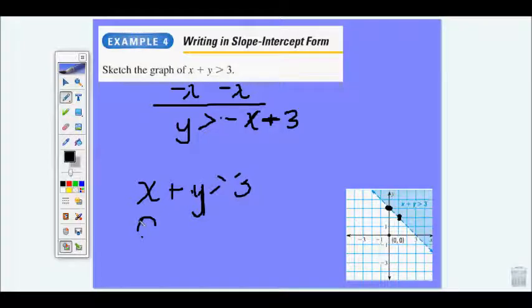So is 0, like what I was doing in the first example, is 0 plus 0 greater than 3? Now 0 plus 0 is still 0, and that is not greater than 3. So my origin, or my 0, 0 point, will not be part of the solution. So I'm going to shade the half plane that does not include that point. So I have shaded above my dashed line.